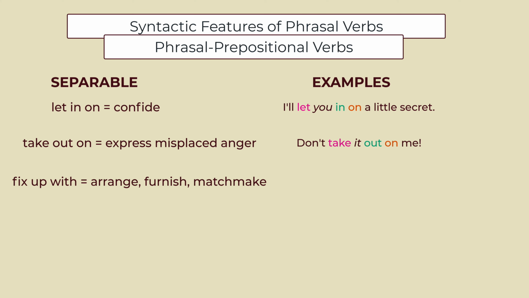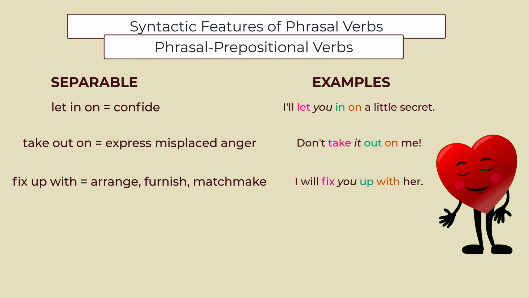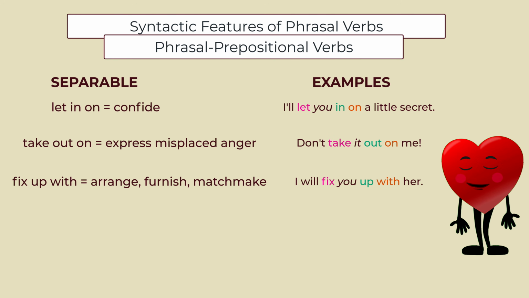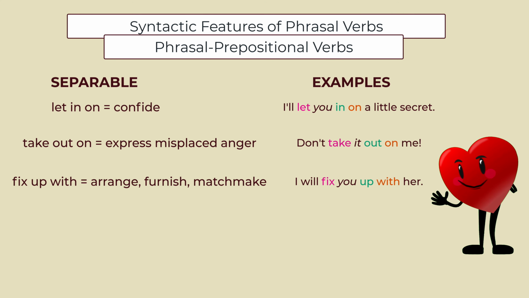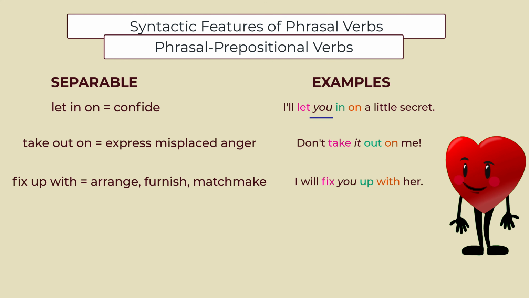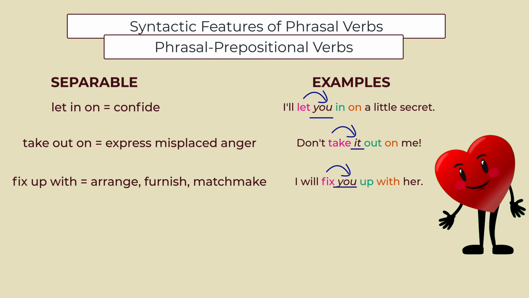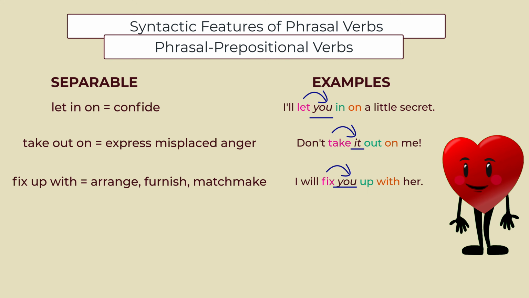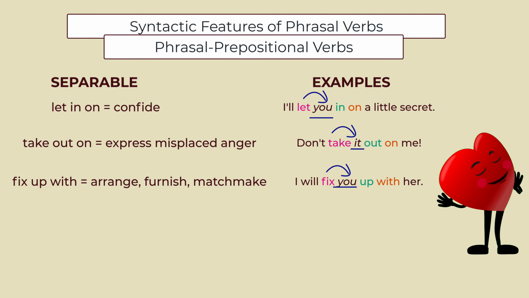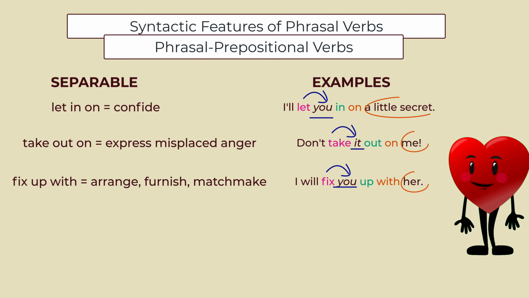Fix up with can mean to arrange or furnish or even to matchmake. So if I say, I have a friend and I think you would like her, I will fix you up with her. That means I am trying to make a love connection. Fix you up with. This type of phrasal prepositional verb takes a direct object after the verb proper, as well as the object of the preposition.